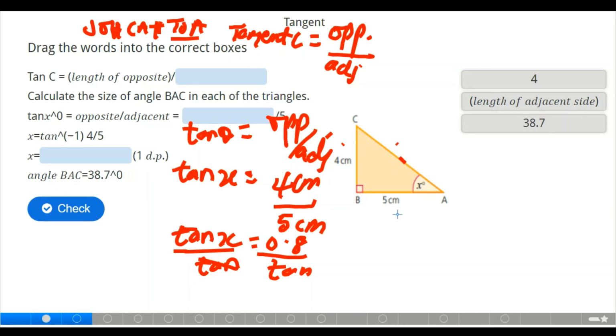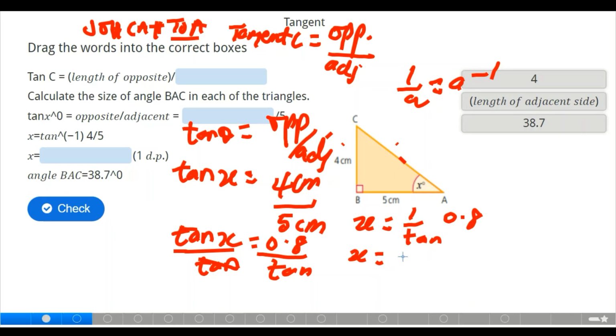Under indices, we have a rule that says 1 over a is written as a inverse. The same thing applies here, so we can write x equals arc tan 0.8.